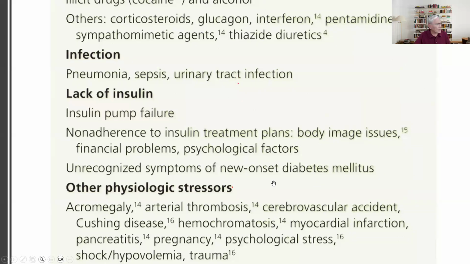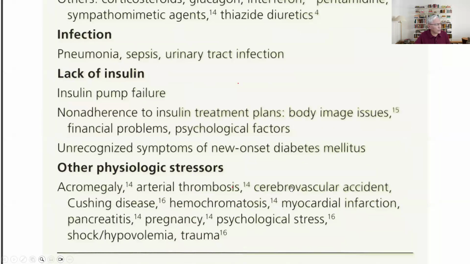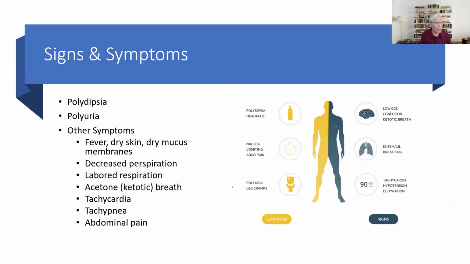And then, of course, sometimes there are other physiological stressors like a CVA, a myocardial infarction, and so on. So those are some of the causes of diabetic ketoacidosis. So when these individuals develop diabetic ketoacidosis, what are the symptoms?